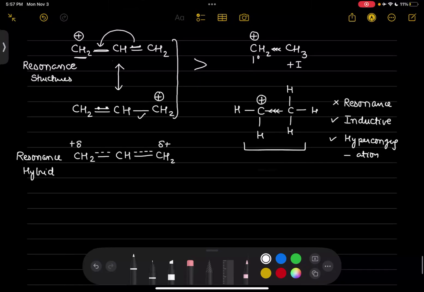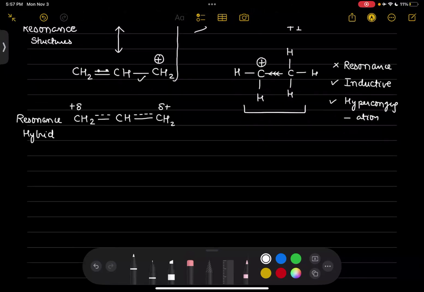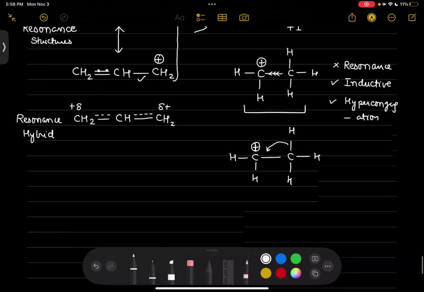By transferring electrons into empty spaces, transferring electrons of the CH bond to the cation. So I will shift these electrons of the CH bond.